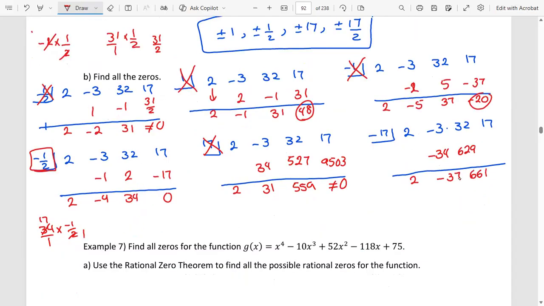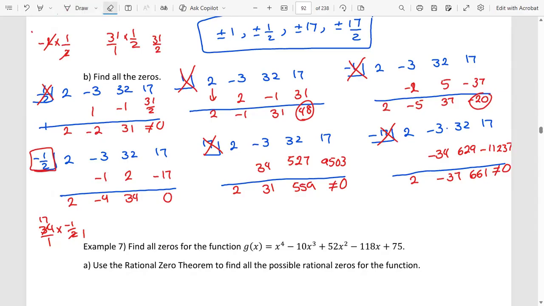And if you multiply 661 by negative 17, you get negative 11,237, and for sure it's not a 0. So my only possible values left are 17 over 2 and negative 17 over 2.